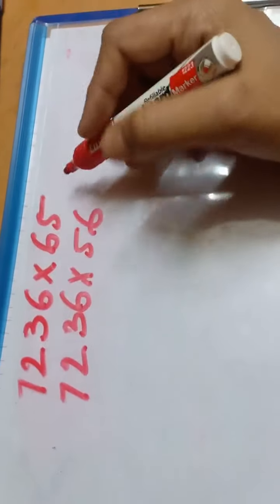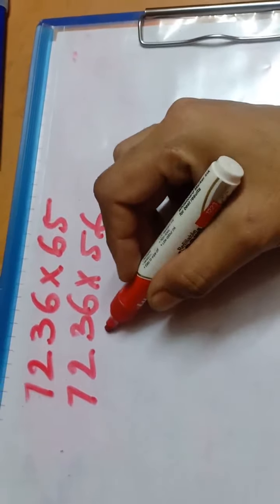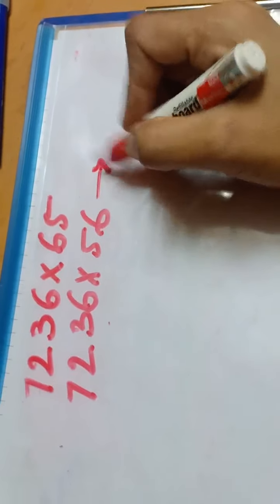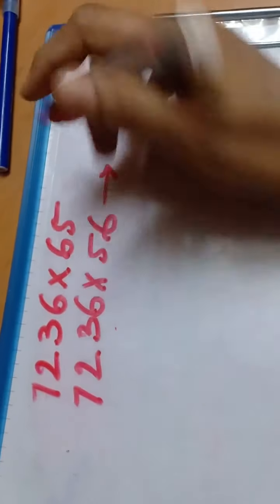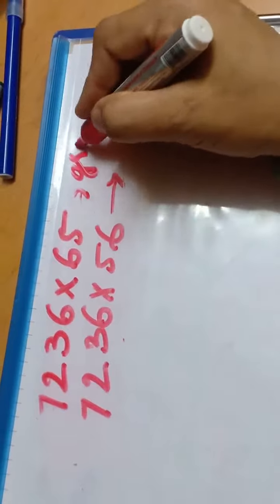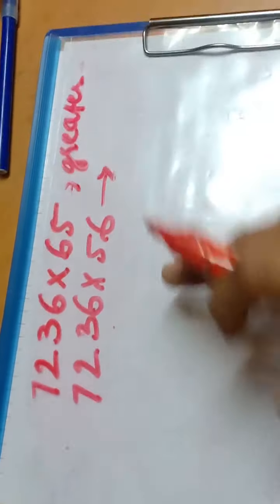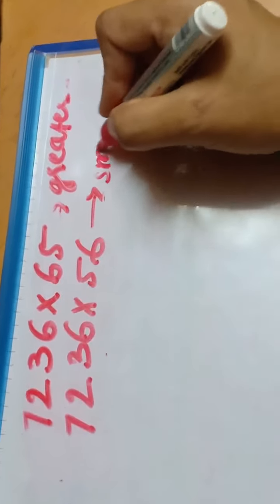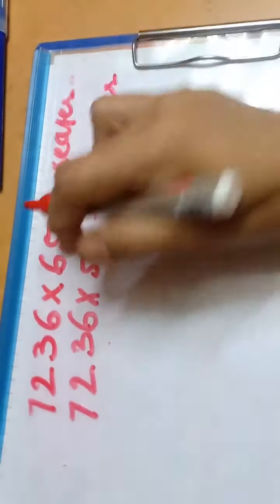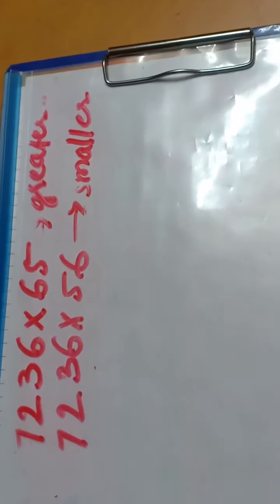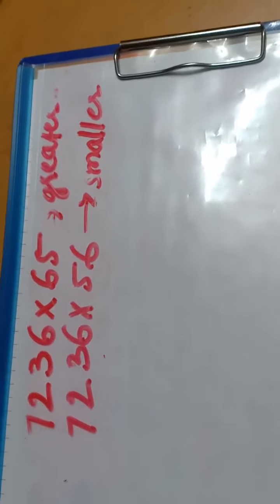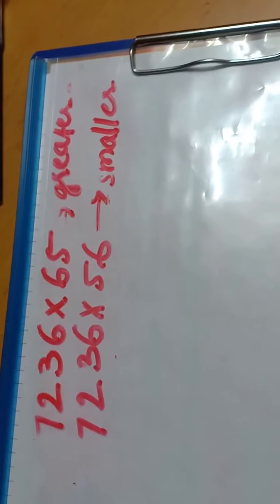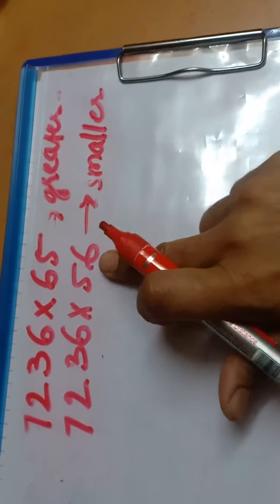Okay, the child was supposed to multiply 7,236 by 56. But he multiplied it by 65. So his answer was going to be greater than the actual answer. Yes, why? Because 65 is greater than 56. So the question is that by how much was his answer greater than the correct answer?